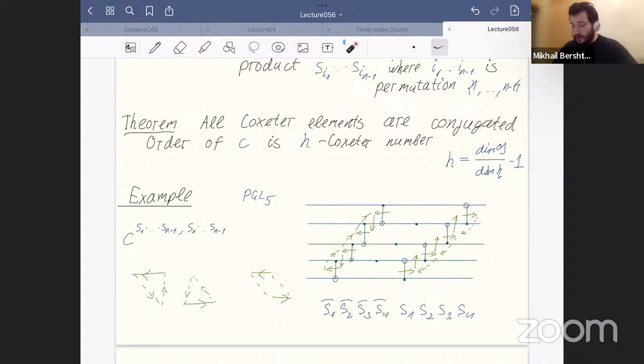Because in each such case, if we had some, they either become of the same direction, or the opposite direction, and they go to nothing.